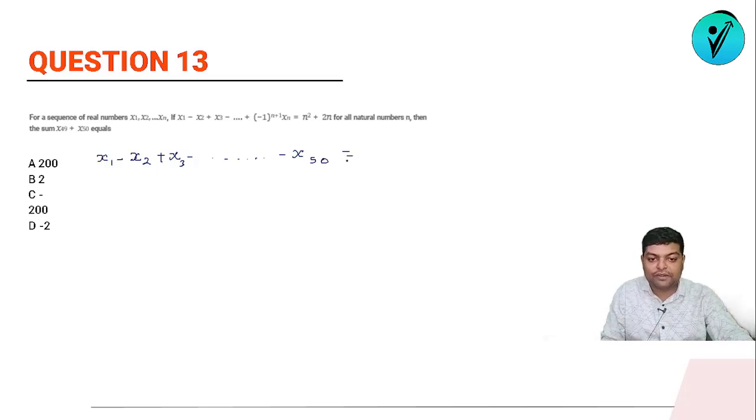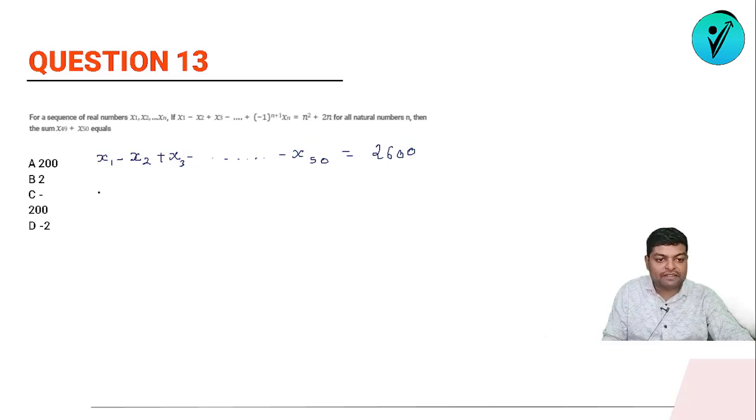So what will be the value of it? Simply place the value of n as 50. If you take n common, it will be n into n plus 2, so it will be 50 into 52, which is 2600. Or simply you can place the value of n here, 50 square is 2500 plus 100, so it will be 2600.